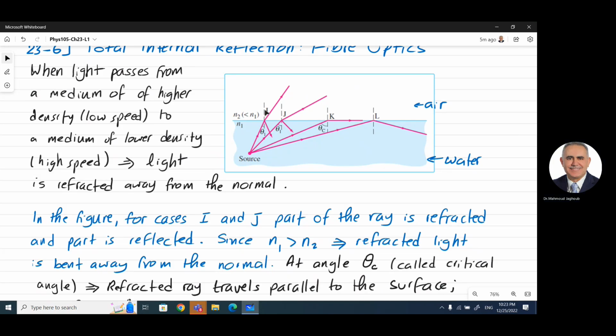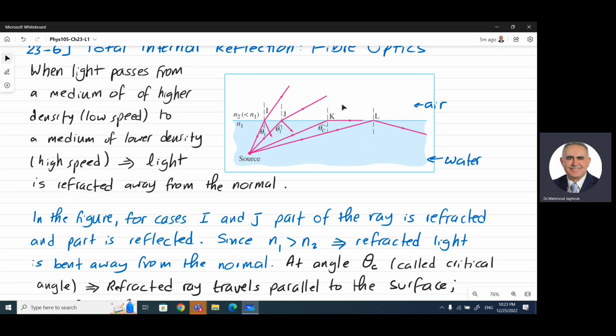Notice, suppose this is angle 30, this is 40. If you increase theta 1, 50. Increase theta 1 becomes 60. Increase it becomes 70. Increase theta 1 becomes 80. And you keep on increasing theta 1, the angle of incidence, until the refracted ray is parallel to the surface.